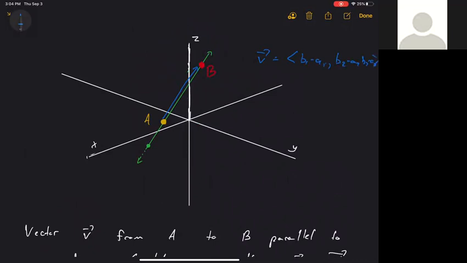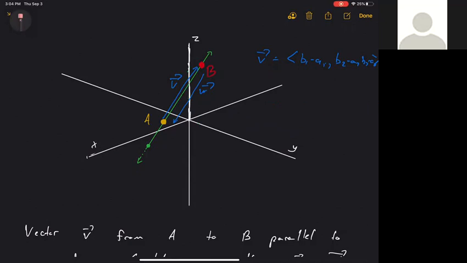That'd be the vector that goes from A to B. We could also just as easily use the vector going in the opposite direction. Let's call this one V, let's call this one W. W could be A1 minus B1, A2 minus B2, A3 minus B3. Either one would work for a parallel vector, okay?